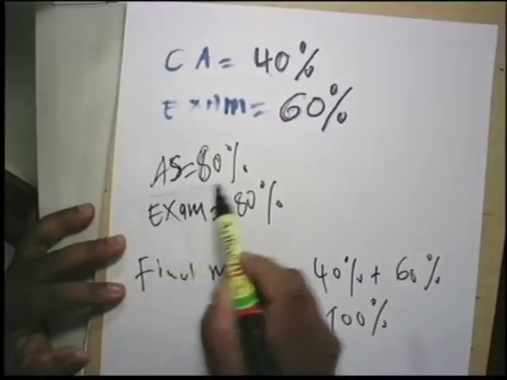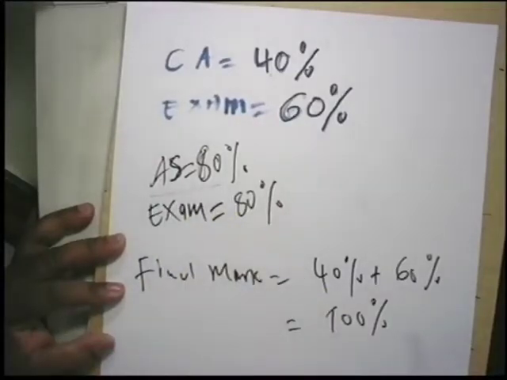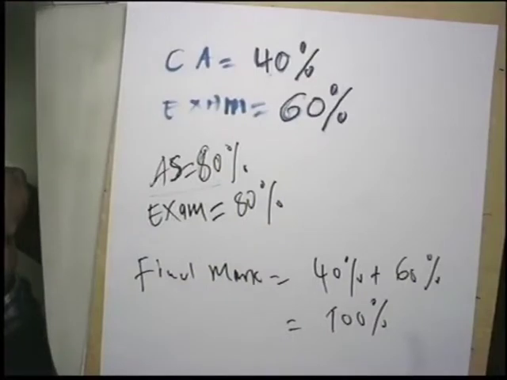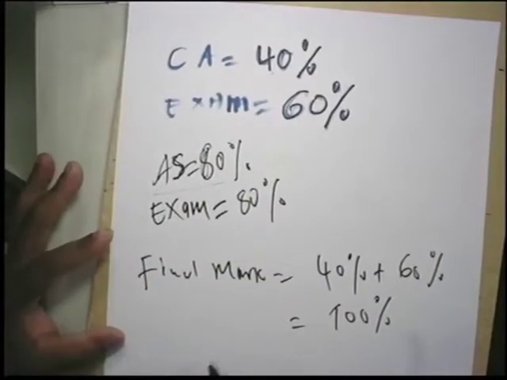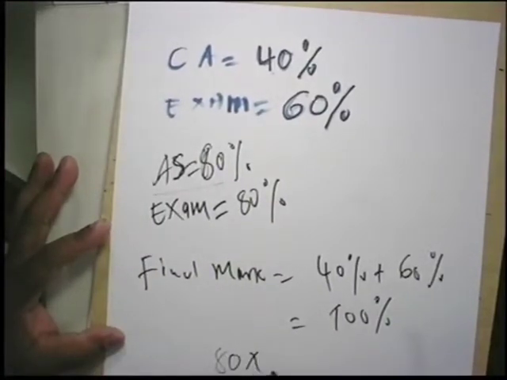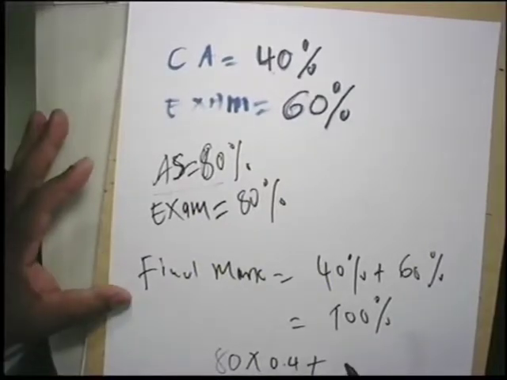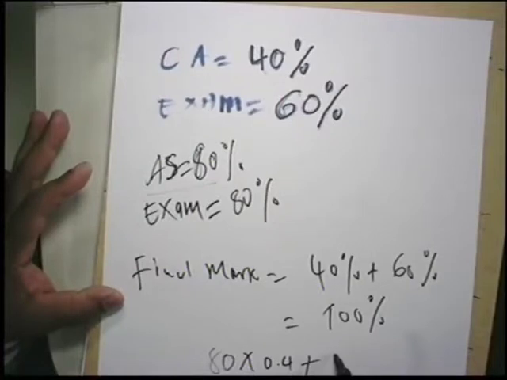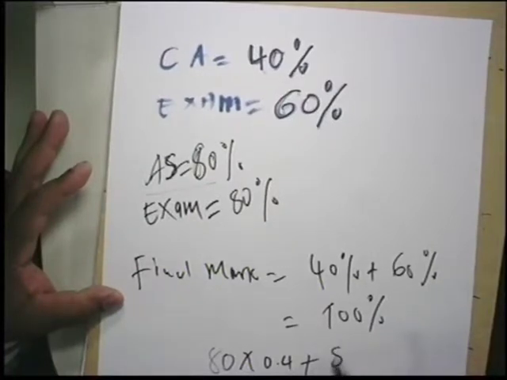So now, let's say you got 80% in your assignment, which means it will be 80 times 0.4, and in the examination you also got 80%, so 80 times 0.6.